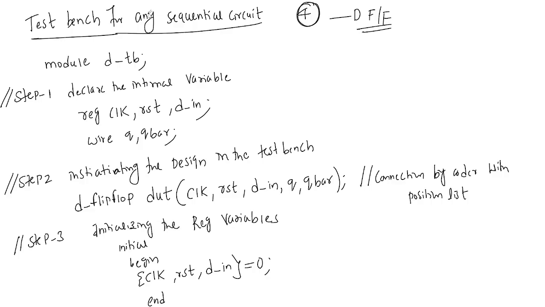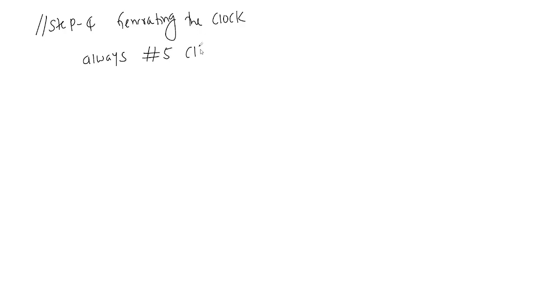Next, step 4, generating the clock. Okay, how to generate the clock? You can use always or forever. So always I'm using a delay #5 clock equal to not of clock.